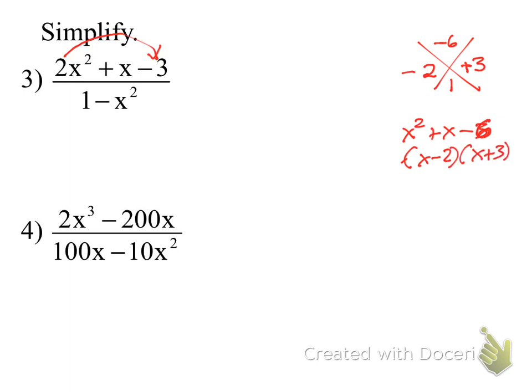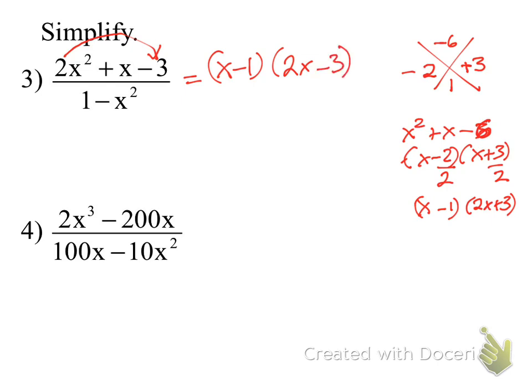And then we have to divide it by what? 2. And we get x minus 1 times 2x plus 3. Okay? You with me?